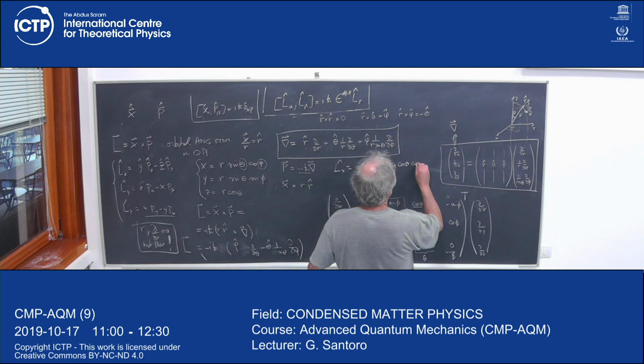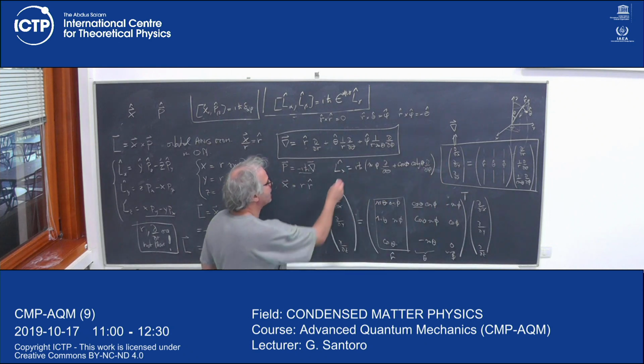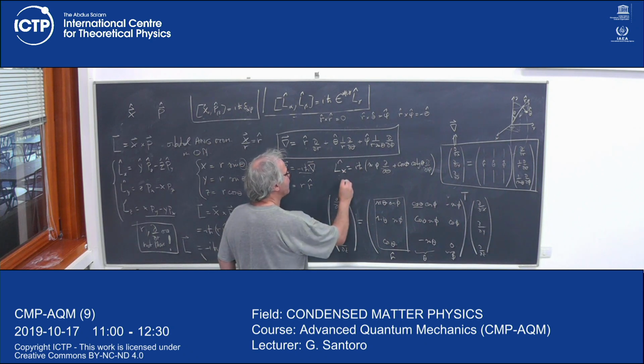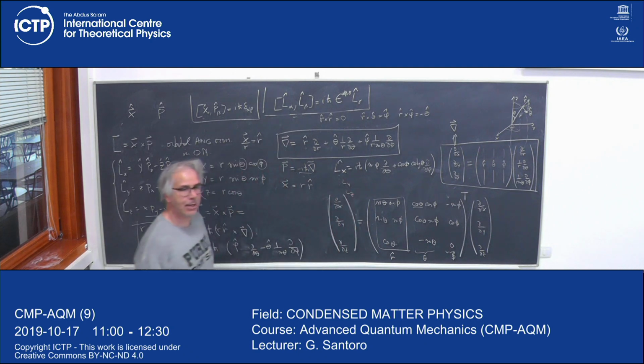That is called the cotangent of theta, derivative with respect to phi. Okay? That's it. This is the x component of the angular momentum, and in the same way you can write Ly and Lz. Lz is particularly easy.